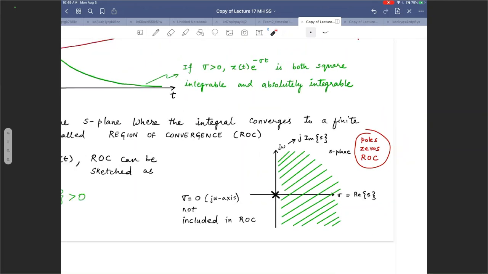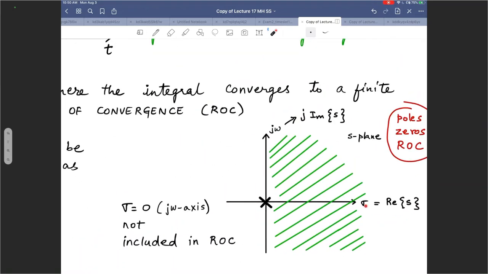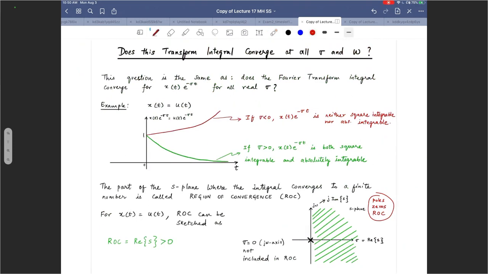We said sigma should be greater than 0. So as you can see here, sigma, which is the real axis, greater than 0. So everything to the right side of the vertical axis is shaded in green, indicating that is the region of convergence, or ROC. So that is the part of the S-plane where that integral converges. What is that integral? Negative infinity to infinity x of t e to the negative sigma t multiplied by e to the negative j omega t dt.